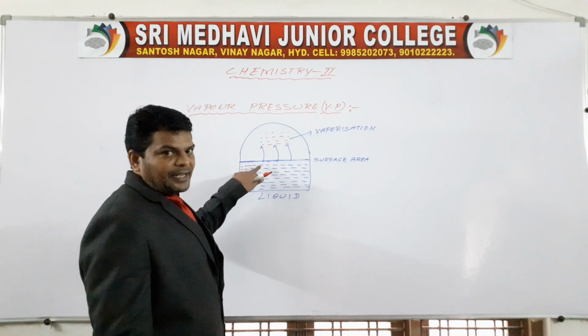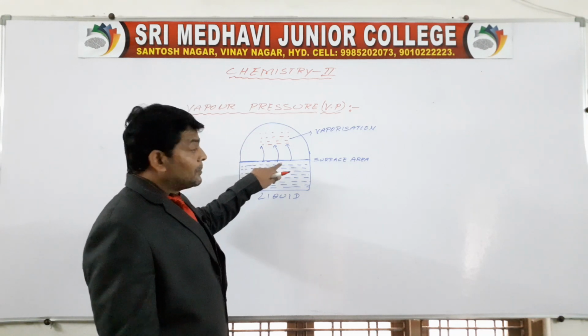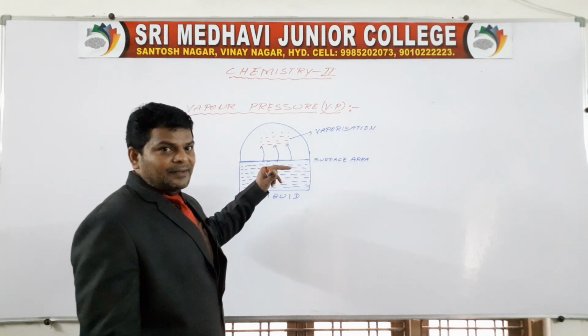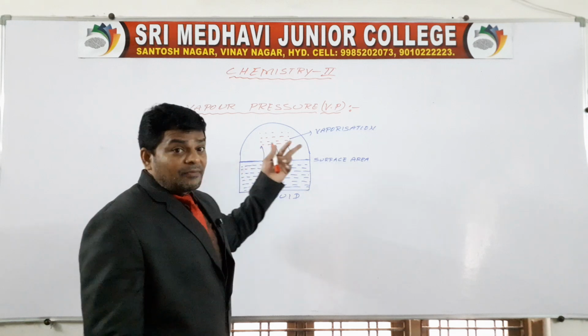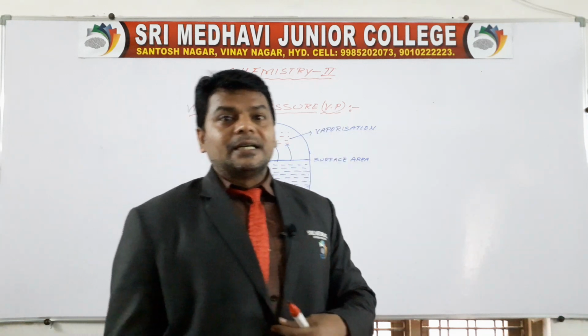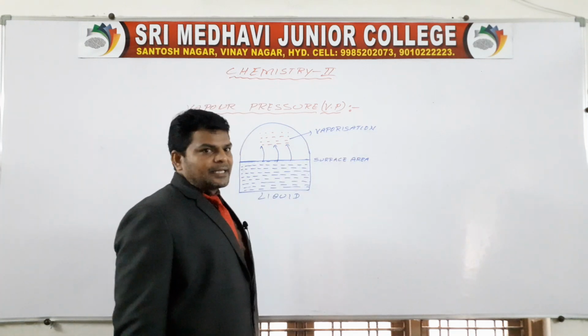So this is the surface area of the liquid. On the surface area, some liquid particles having high kinetic energy can be converted into vapor. The process of converting liquid particles into vapor from the surface of the liquid is called vaporization.